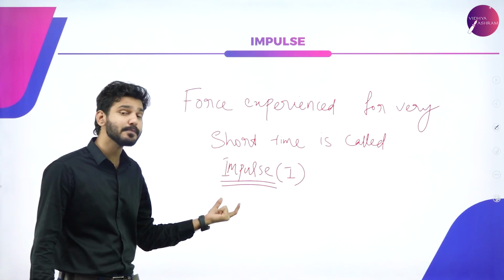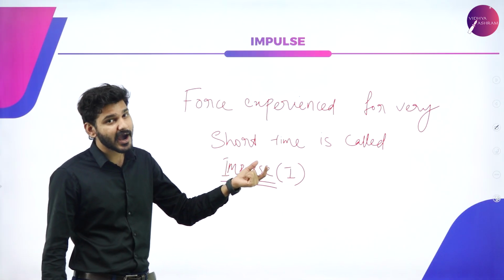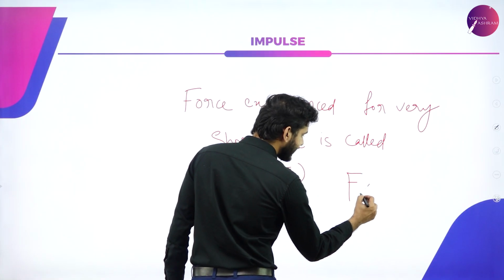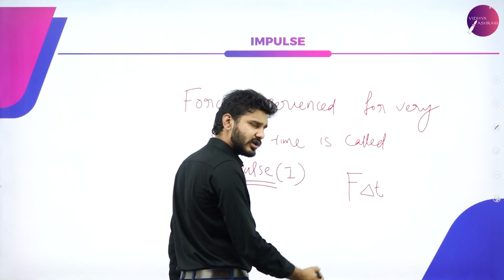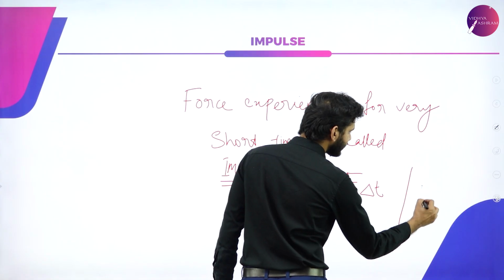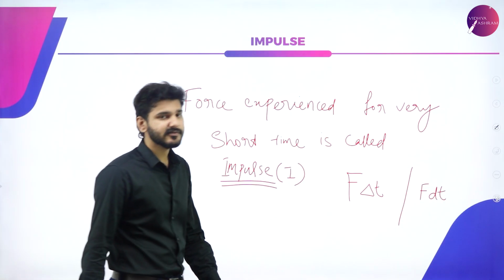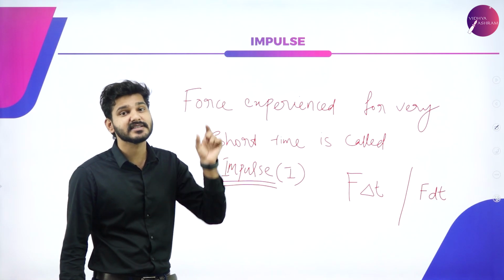That is known as impulse, indicated by the letter I, and the equation for I is nothing but F delta t, or you can also write it as F dt. So force which is acting for a very short period of time is known as impulse.